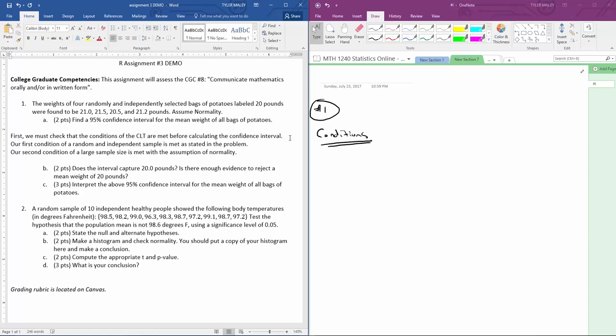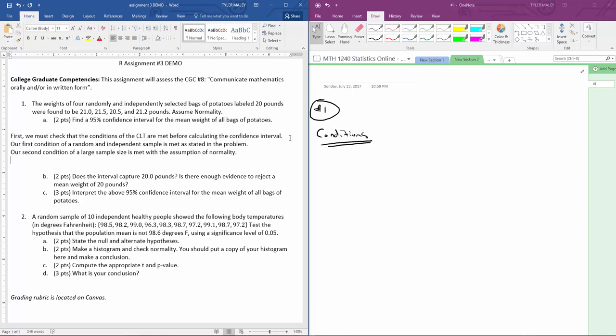The third condition that we need to meet is having a large population size. We meet the condition of a large population because it is reasonable to assume that there are at least 10 times 4.